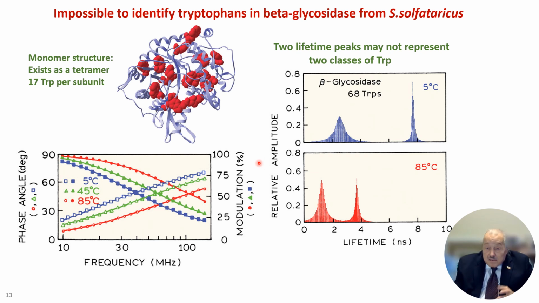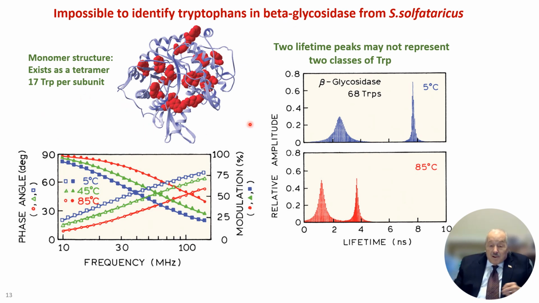In many cases, probably most cases, it's really impossible to identify which of the tryptophans are associated with which lifetime in a multi-exponential lifetime. Taking a most extreme case, I have this monomer here. It's a beta-galactosidase. This is only the monomer.